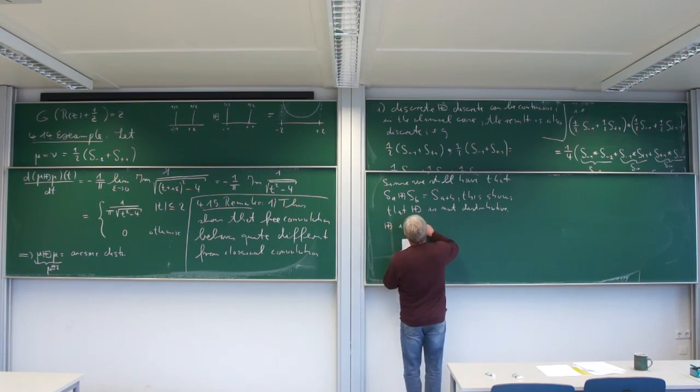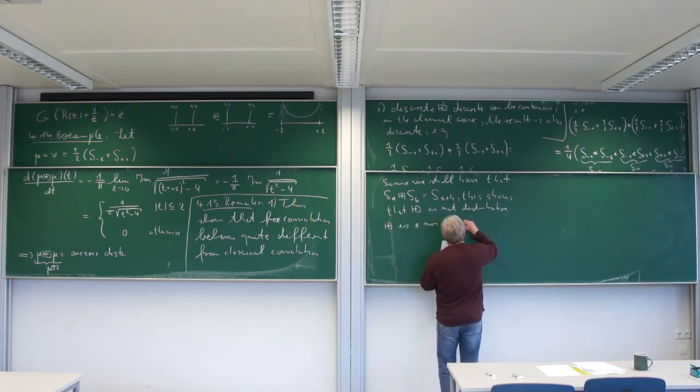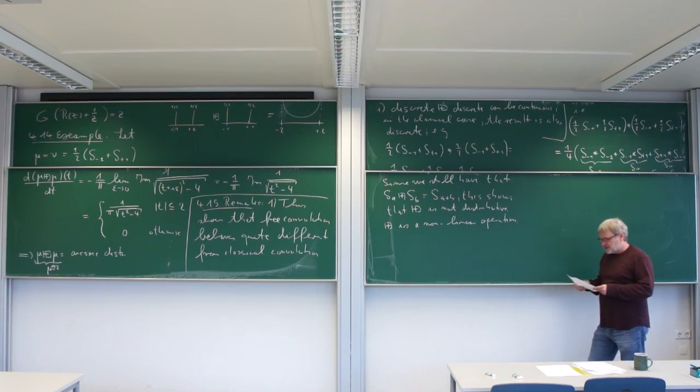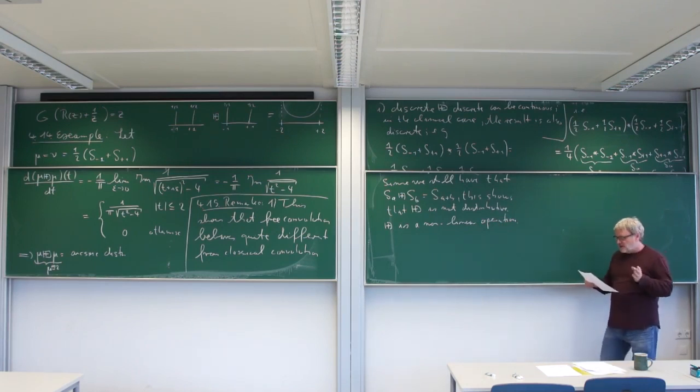Free convolution is a non-linear operation. It's linear on the level of the R transform, but the relation between G and R is non-linear.